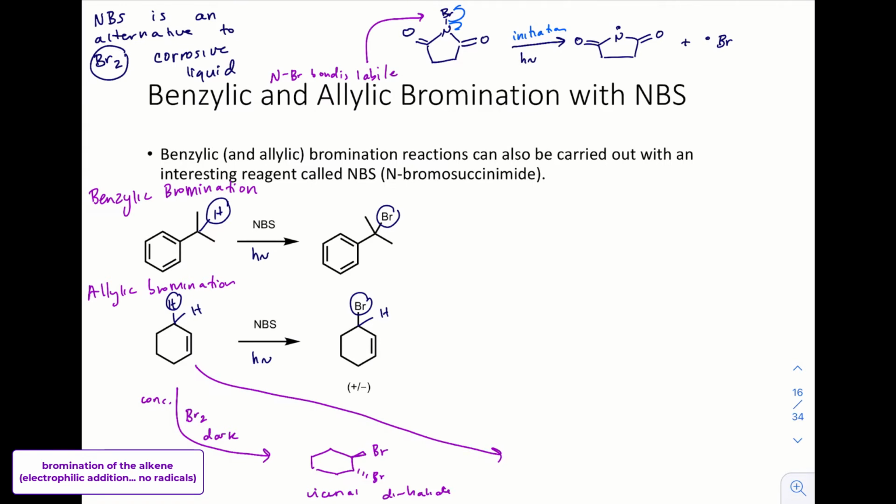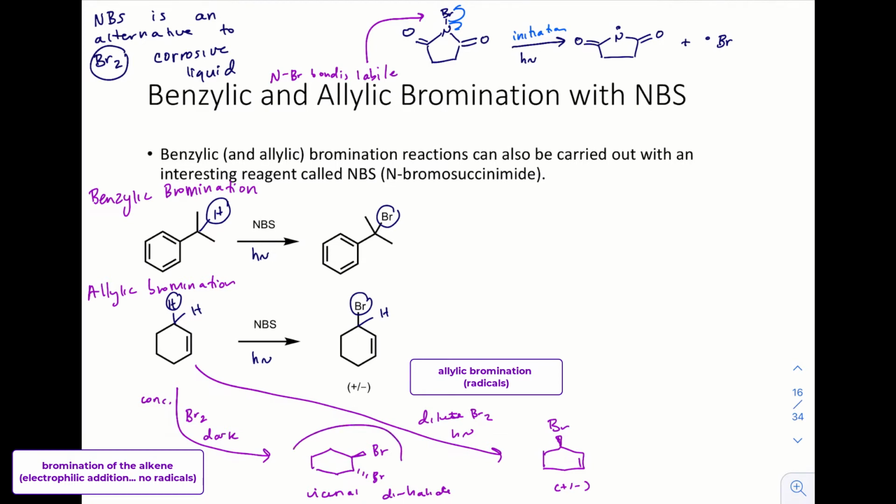Low concentrations of bromine, so dilute, in the presence of light, can favor the allylic bromination. So to avoid undesired reactivity of the alkene rather than desired allylic bromination, NBS can be used instead.